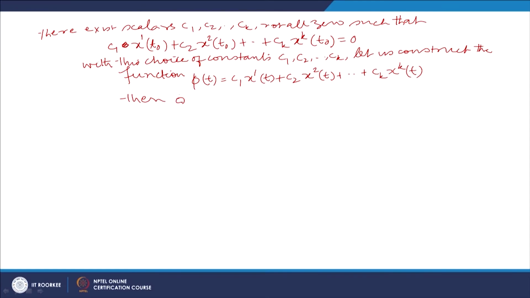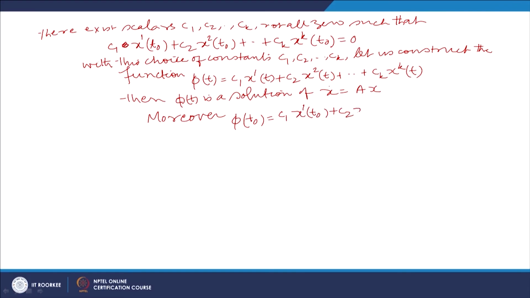So, then phi t is a solution of x dot equal to Ax. Moreover, phi t naught is equal to C1 x1 t naught plus C2 x2 t naught plus Ck xk t naught, okay, is equal to 0.